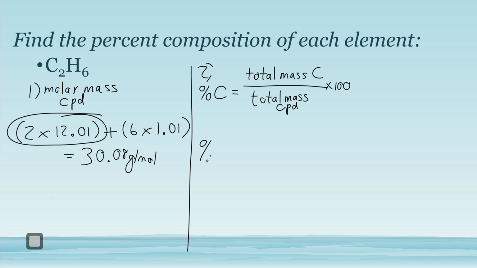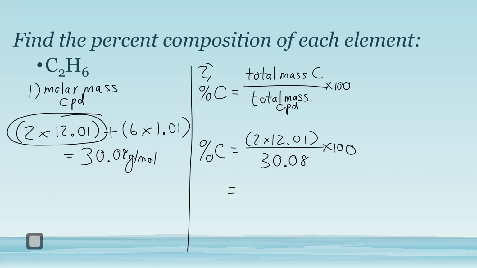So I would do percent carbon is equal to 2 times 12.01 divided by the total mass of the compound, 30.08, times 100.